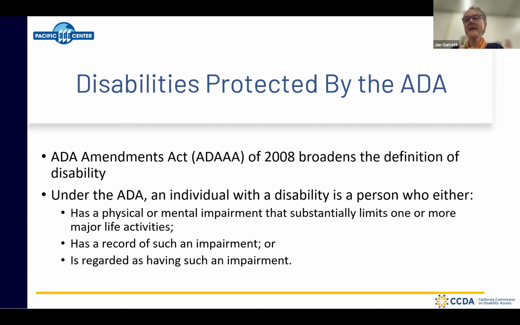So that is the overall three-part definition of disability under the ADA. And I think a lot of people don't realize what that means. So we're going to go into that a little bit more.